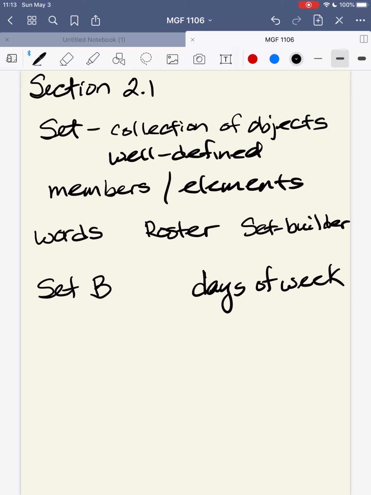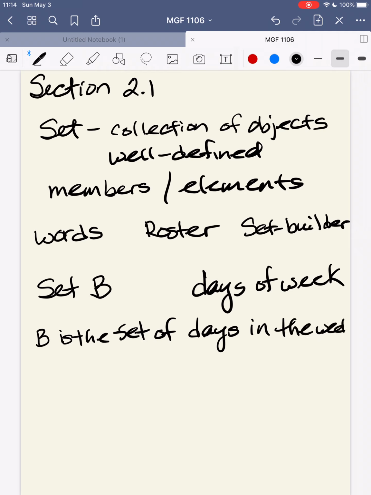If I want to write the days of the week as a set, I could say B is the set of days in the week. Sorry, I'm running out of room there. So I could just write it out in words. It's no big deal.